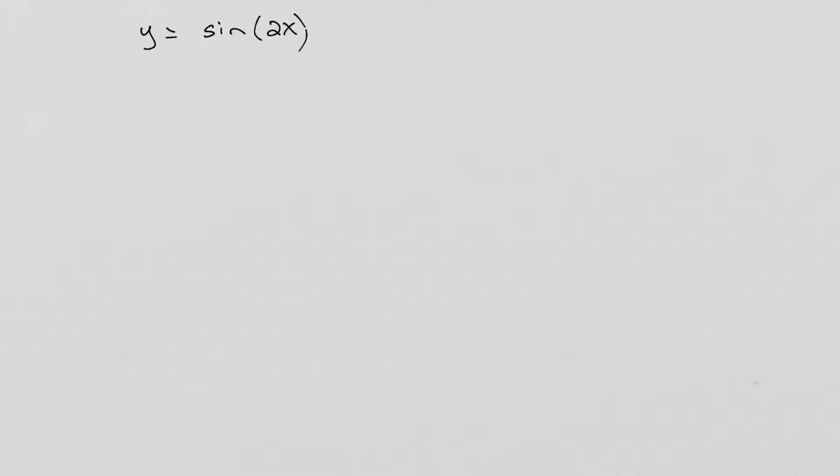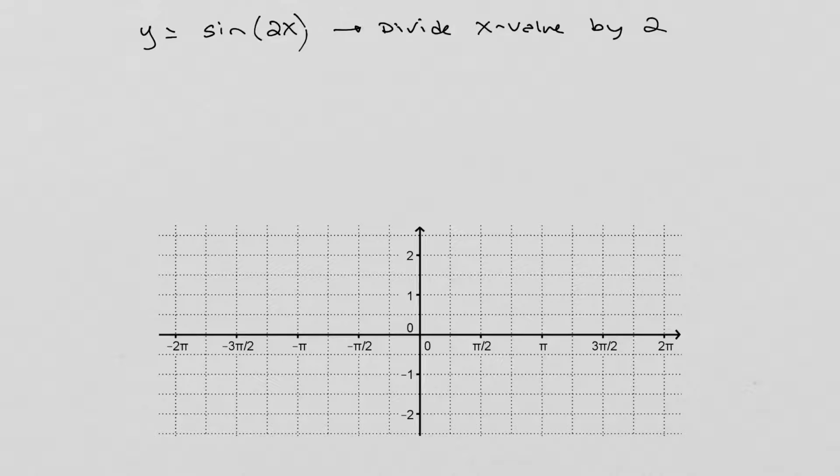Okay. Remember, what we do here is when it's on the inside with the x's, we are going to divide each x value, in this case, by that number 2. All right. So here is my function sine of x.